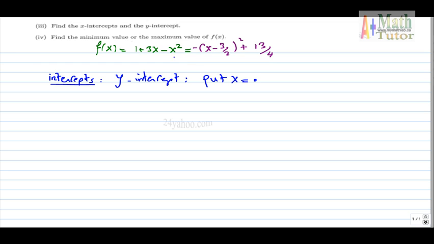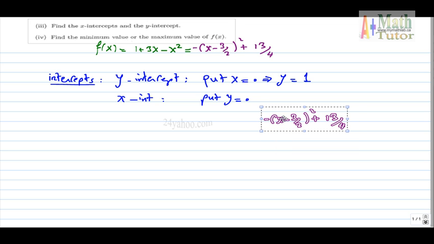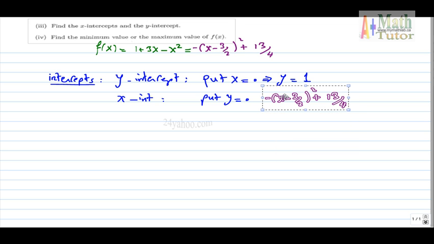So it's better to replace it in the first form, because f of x can be easily determined to be 1. To find the x-intercept, we put y equals 0, and the best form to choose is the second form, because it is already in a standard form which is already ordered in a way we can solve for x.